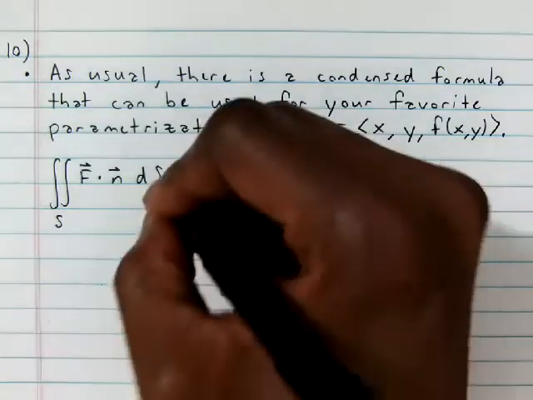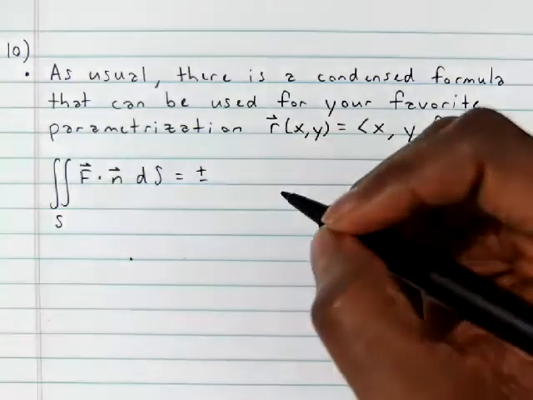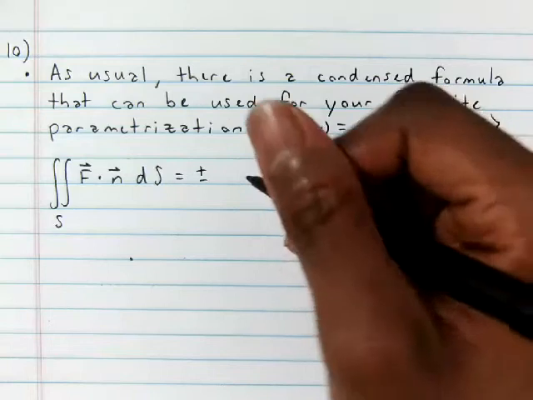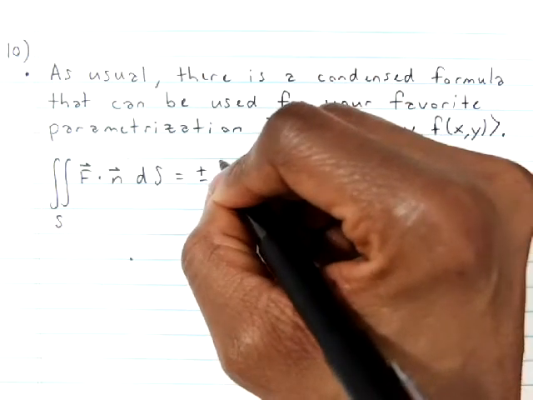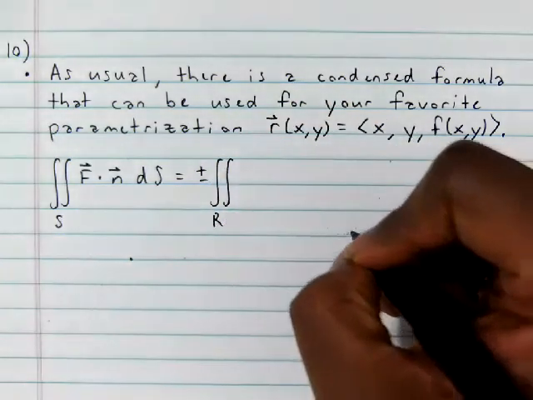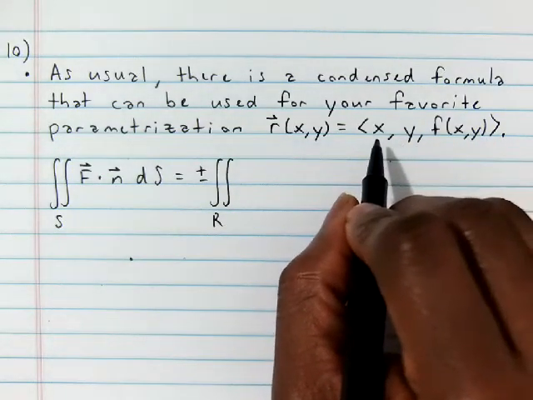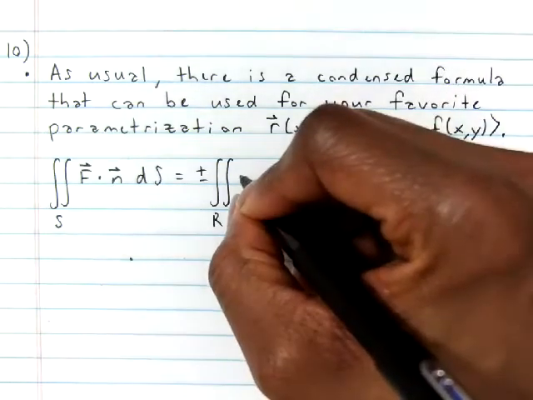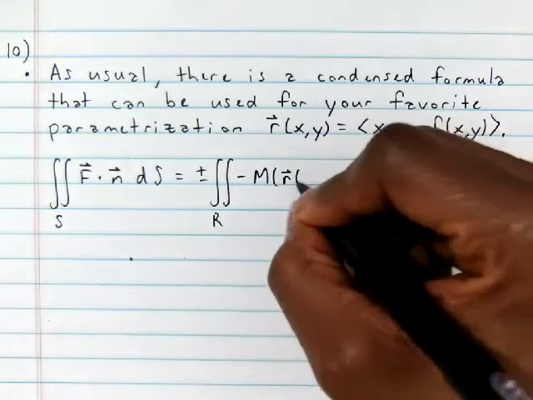That equals plus or minus, and I'll refer you to the textbook for what page this is on, because I'm going to write out my notation a little differently since I think it's less cumbersome than the textbook's notation. Plus or minus the double integral over R, where R is determined by your parameters x and y here, of negative M of r of x, y.